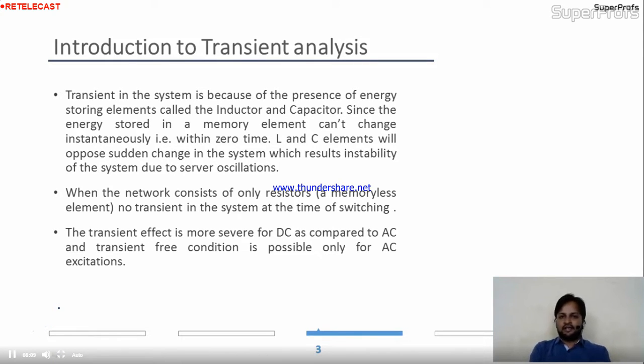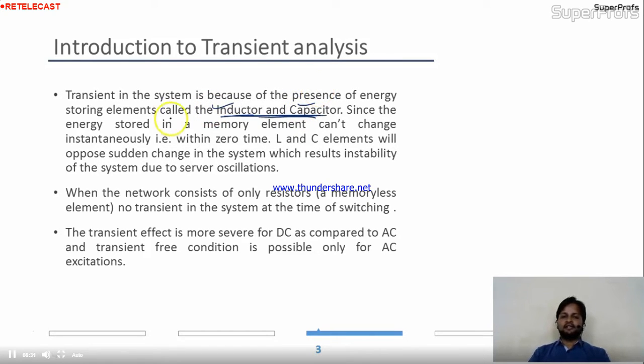Introduction to transient analysis. See friends, the transient in the system is because of the presence of energy storing elements called the inductors and capacitors. Please try to focus on these two words, inductors and capacitors.